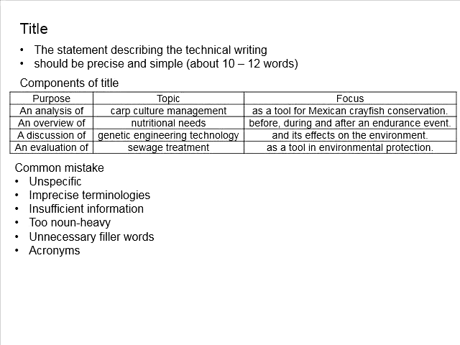So what we have learned so far regarding the title is that it will be the first sentence that the reader might read in your technical writing. It is going to be the most optimized statement within your technical writing. It should be easily understood. There will be a limited number of words.